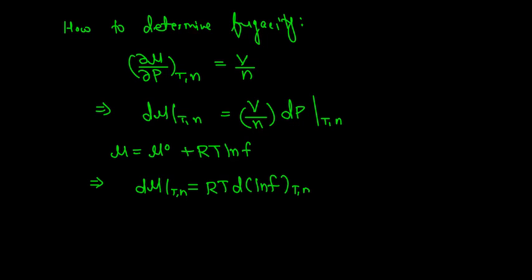So therefore what I have is RT d ln f is simply equal to V by n dP.